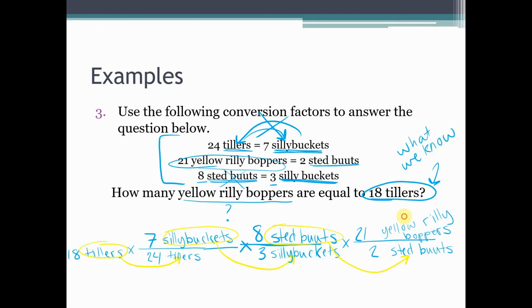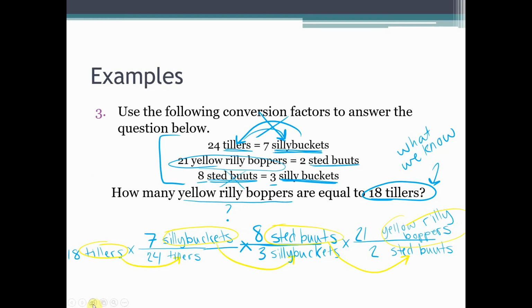And since the units we are looking for are in the top of our last fraction, it is time to math. This is going to be a big one. We're going to type into our calculator, everything in the top gets multiplied and everything in the bottom gets divided.